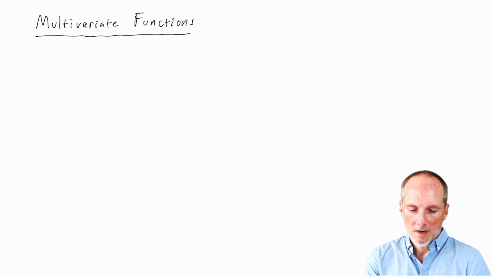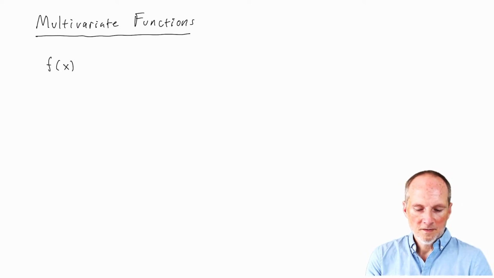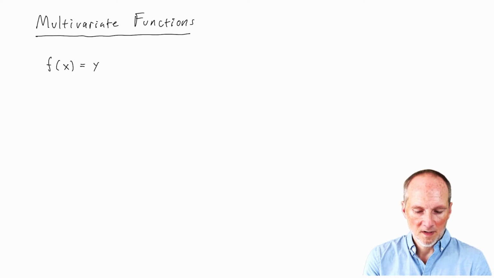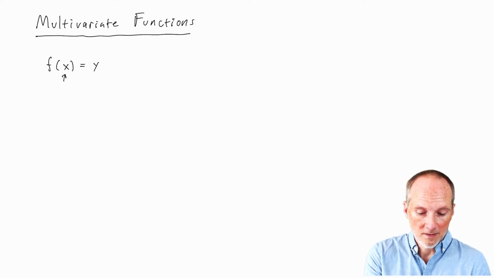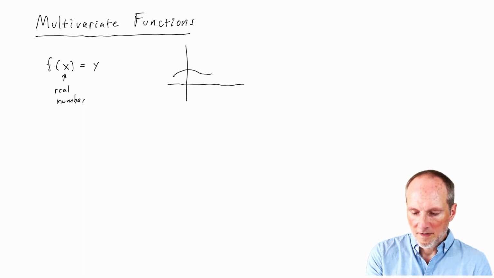Okay, so far we've talked about a function of just one variable, x. We plug in x, and this gives us some number y. In particular here, x is just one real number. And we know how to graph that sort of thing.